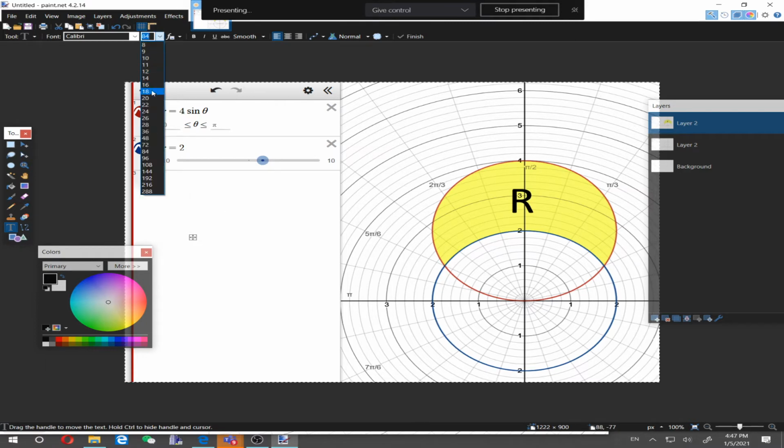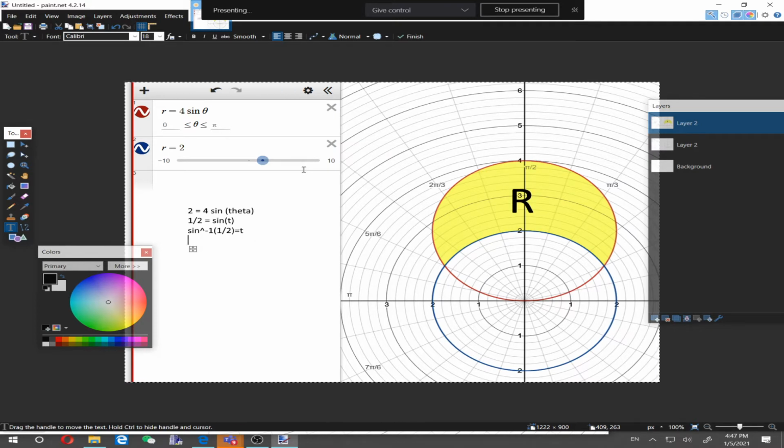Okay, in that case, 2 is equal to 4 sine theta. So therefore 1/2 is equal to the sine of theta. I'm just going to write t for now. So therefore the arc sine of 1/2 is equal to t.